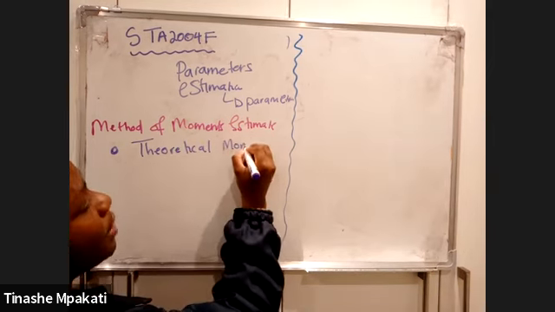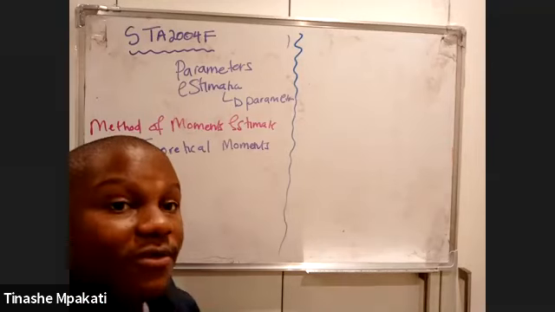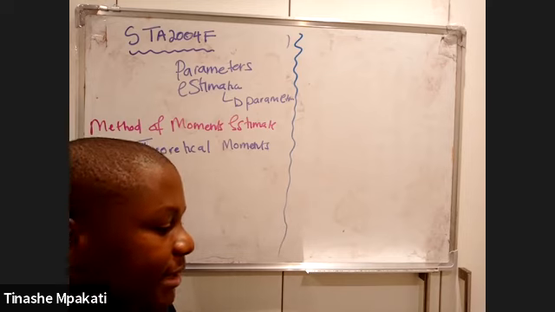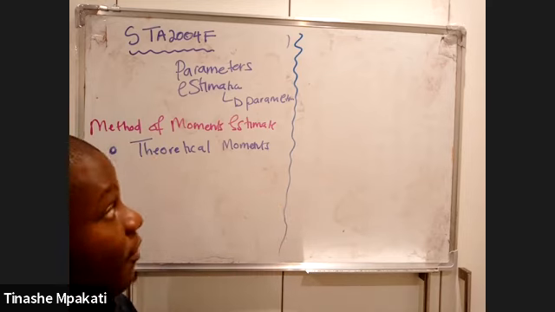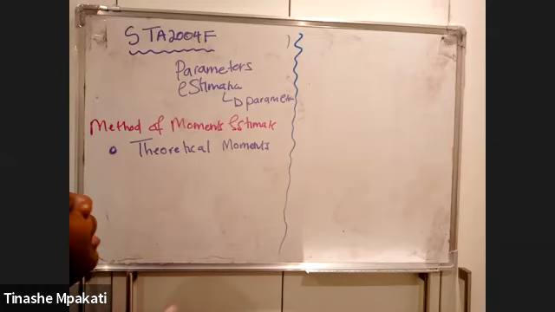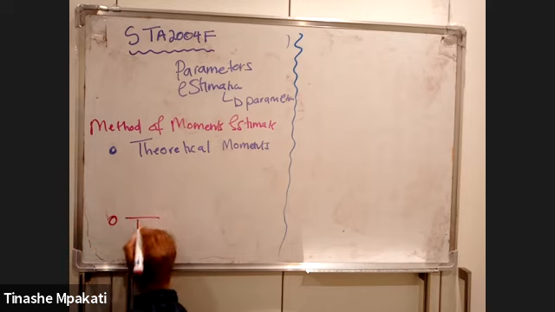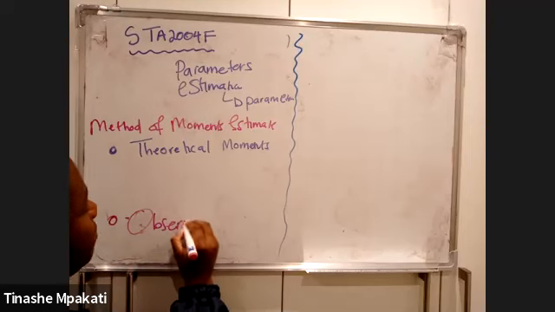So in short, what this method does is you aim to find two functions, and when you have those two functions, you want to equate them such that you make the parameter of interest the subject of the formula. And the right-hand side of your equation here, when you equate, will be coming from a theoretical moment, and the other side will be coming from an observed moment. You get it from your observed moments.